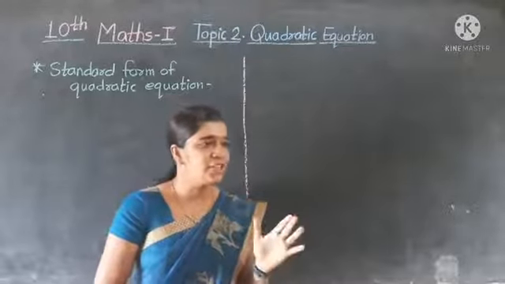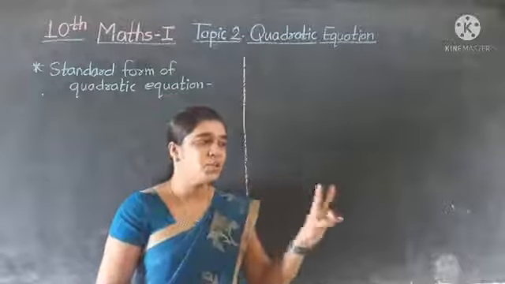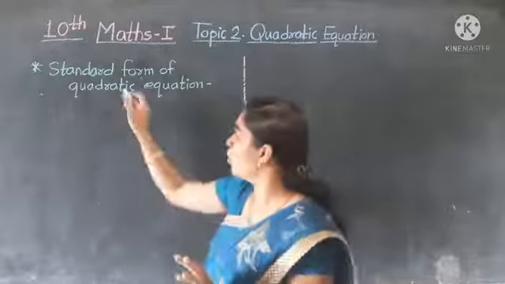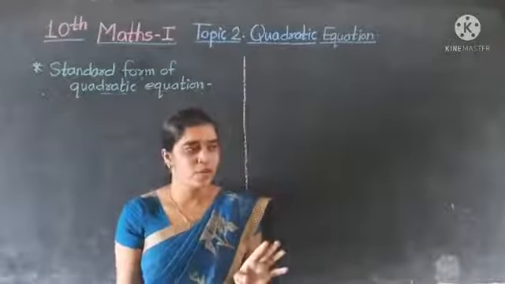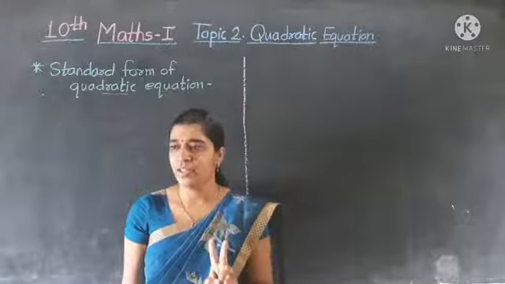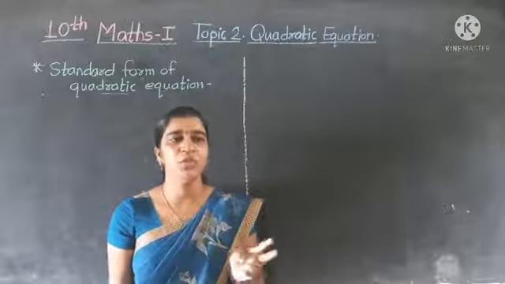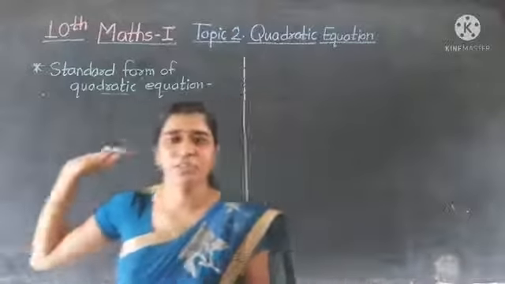If an equation contains only one variable and its degree is 2, that is, the highest index is 2, then we call it a quadratic equation. Understand: an equation having one variable and degree 2 is a quadratic equation.